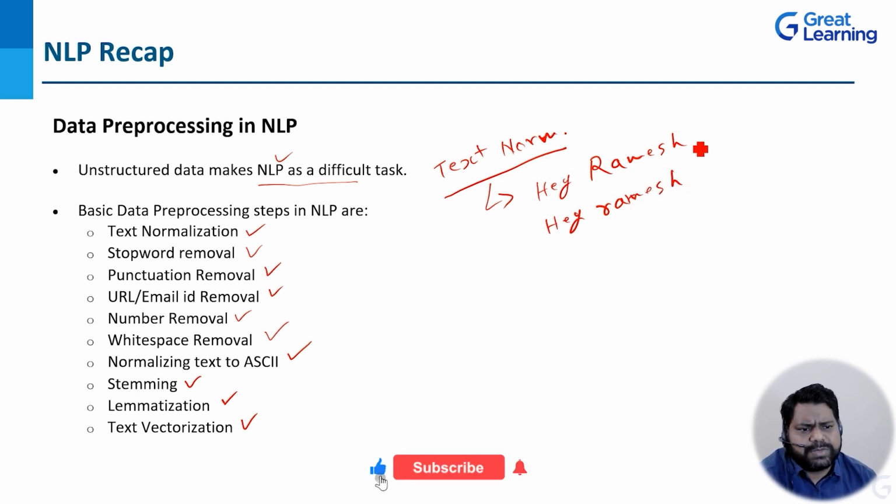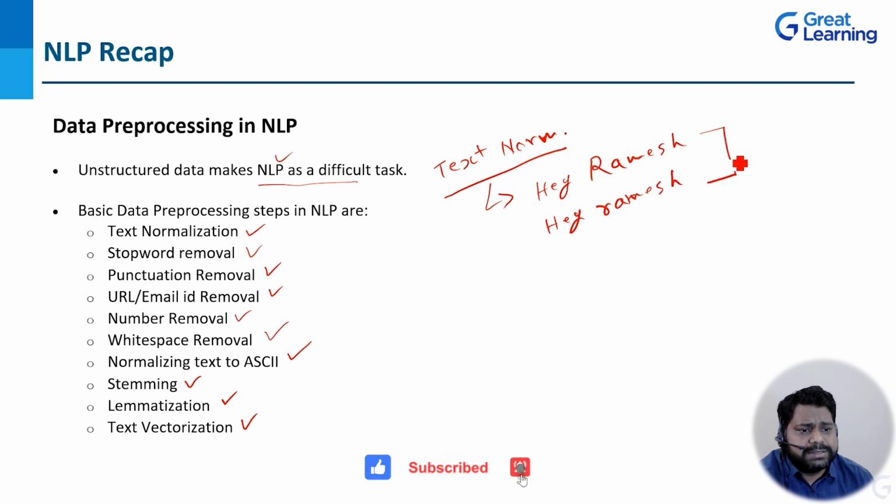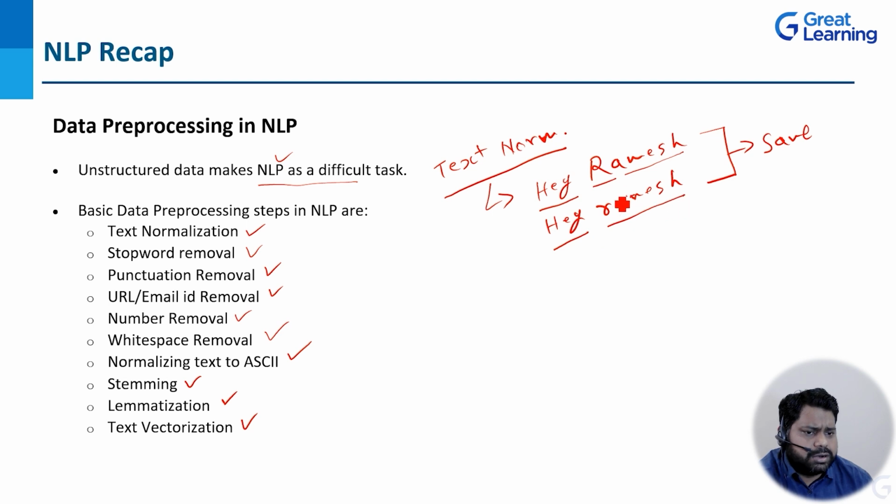So for a human, it is easy to identify that both are the same. But when it comes to a machine, what will the machine do? The machine will take it as one. Then it will see that R is capital, AMESH lowercase. Similarly, on the second line, it will see that A and then Ramesh, all are in lowercase.